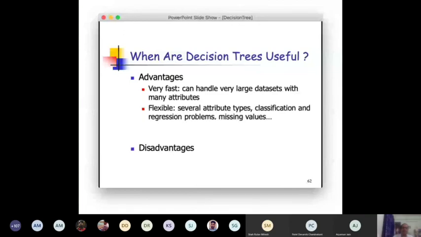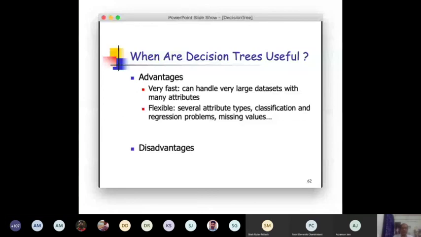It is also flexible. That means several different kinds of categorical data, even continuous valued data, all different kinds of data can be handled. It can handle missing values. It can accommodate classification and regression problems. So that is how the decision tree is, I should say, a versatile kind of tool.